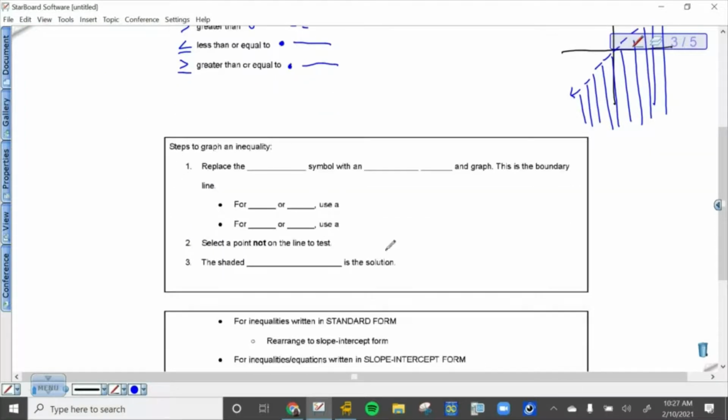So when we want to graph an inequality, I listed out a few steps. The first thing we want to do is replace the inequality symbol, so the less than, greater than, less than or equal to, greater than or equal to symbol, with an equals sign.